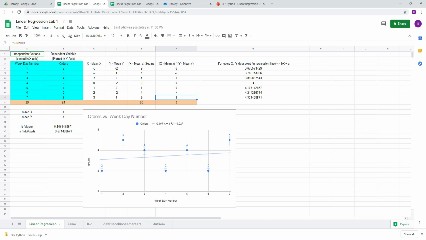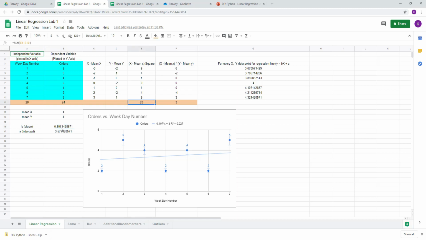What we are trying to calculate is the slope. And if you look at the equation for the slope, it is nothing but f11 and e11. In this case, f11 is the product of this equation, divided by e11, which is the sum of this equation.